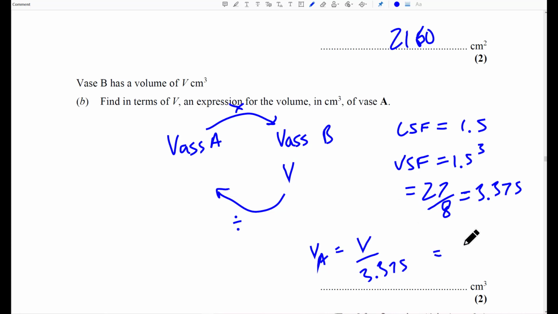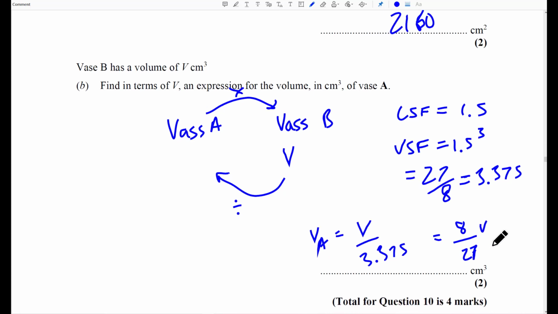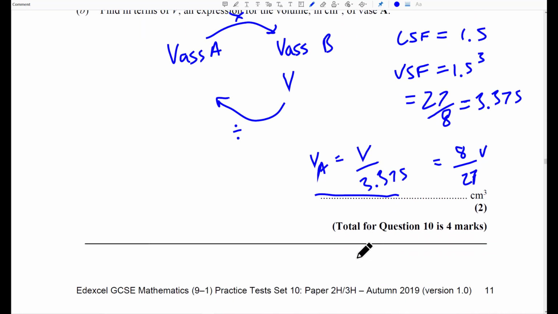Or if you just want to keep it as fractions, you are dividing, so it's going to be 8/27 V, because you keep change flip, but this is more than adequate. Another easy 2 marks.